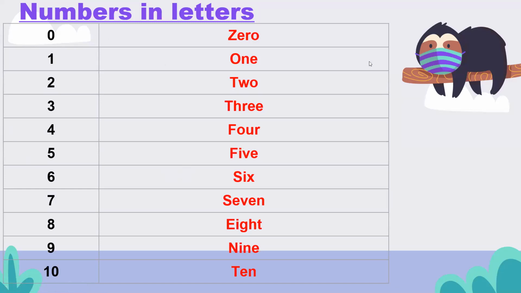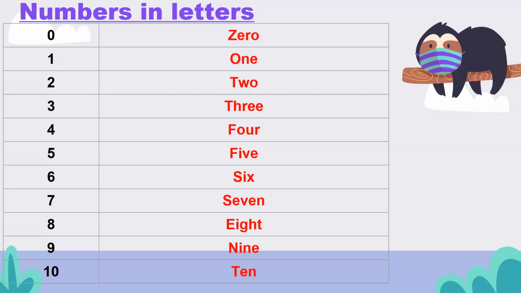Yes, 0, Z-E-R-O. 1, O-N-E. 2, TWO. 3, THREE. 4, FOUR.